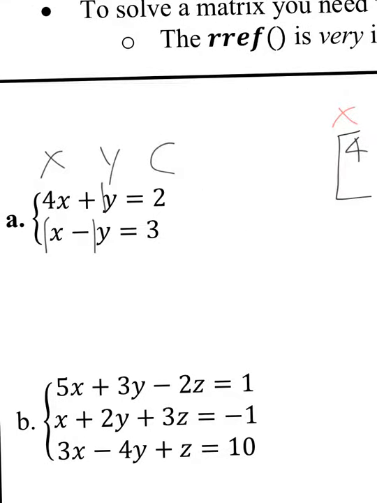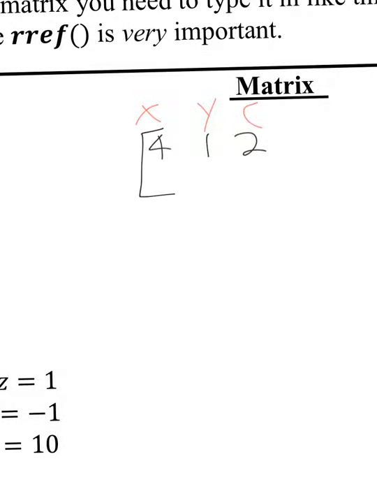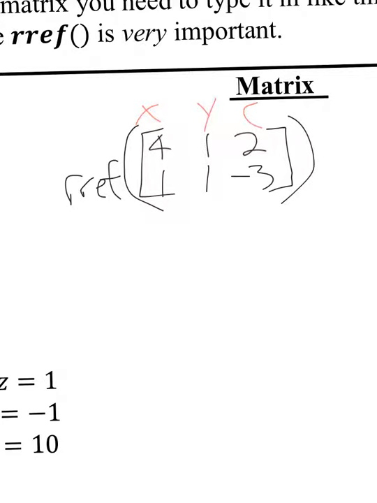And then I have 1x minus 1y equals 3. So I'm just going to write 1, negative 1, 3. And this is my matrix. That's all it is right there. But we're going to type in the letters R, R, E, F, and then we're going to put it in parentheses. And we're going to get our answer from that.